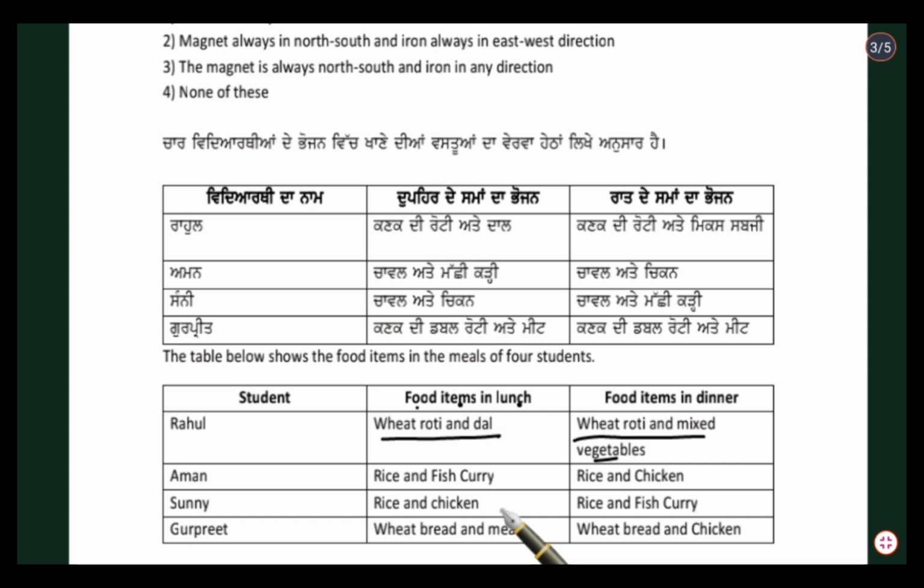Then Sunny, in lunch he takes rice and chicken, and in dinner rice and fish curry. So both of these are non-veg, right? And Gurpreet, wheat bread and chicken. So now let's go through the questions which are asked from this table.